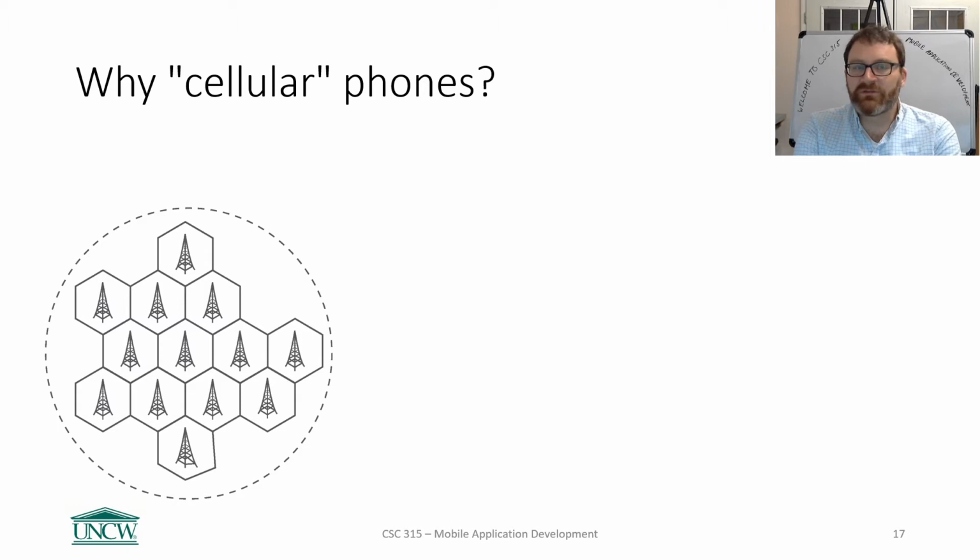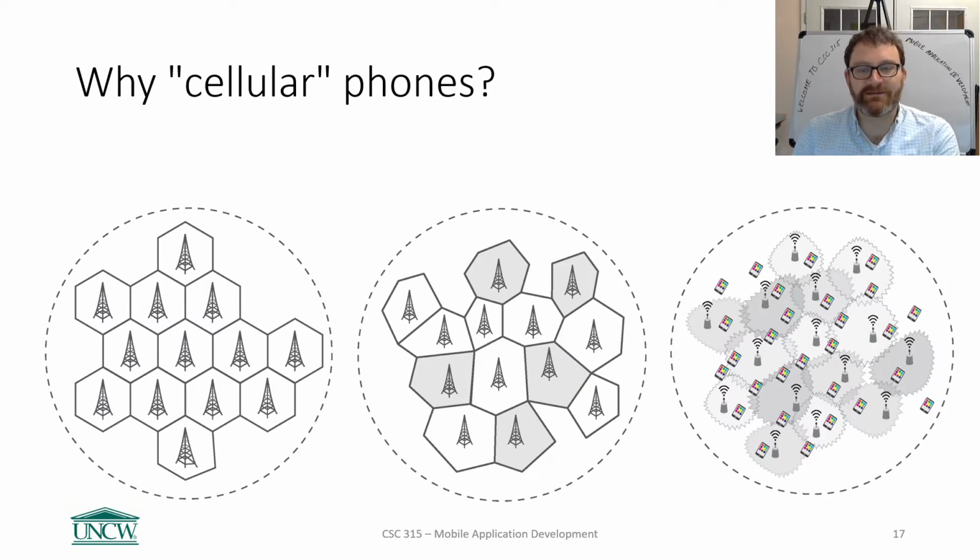Now, in truth, it's not that neat and clean. In fact, the cells look more like this. They're irregular and they overlap in places. But nonetheless, each mobile tower serves a cell of area that it provides support to.